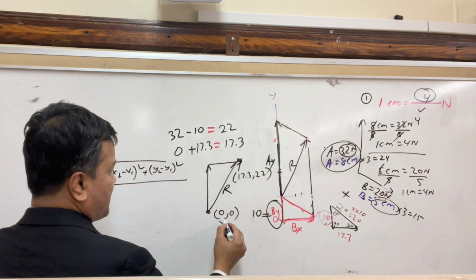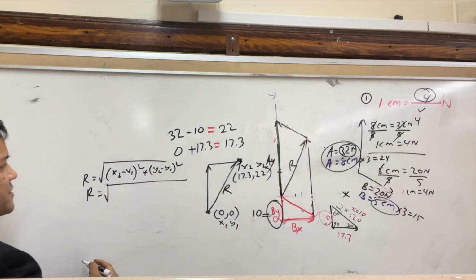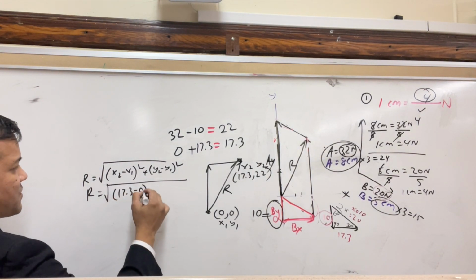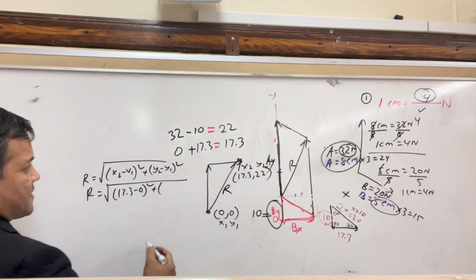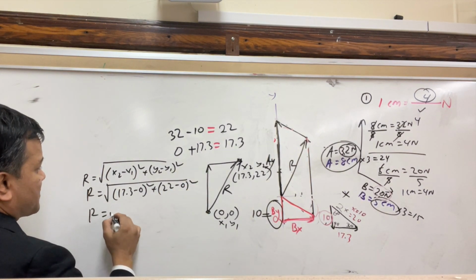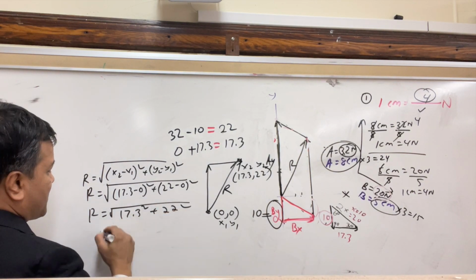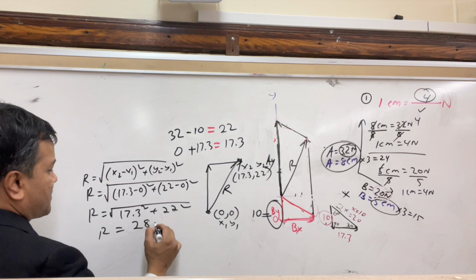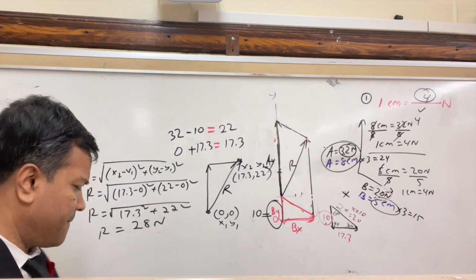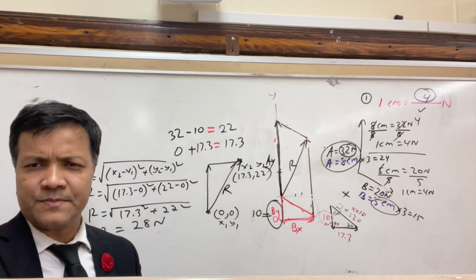This is x1, this is y1, this is x2, this is y2. x2 is 17.3 minus 0 square plus y2, 22 minus 0 square. So R is equal to the square root of 17.3 square plus 22 square. So R is of course 28 Newton. So we are done with this two vector problem.